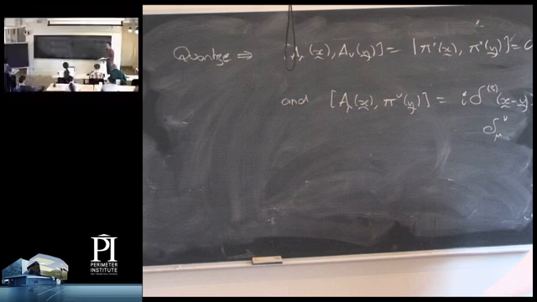So these are the standard commutation relations that we would impose. Okay, now we work out the mode expansions. I'm going to write them here just because I might need them later.